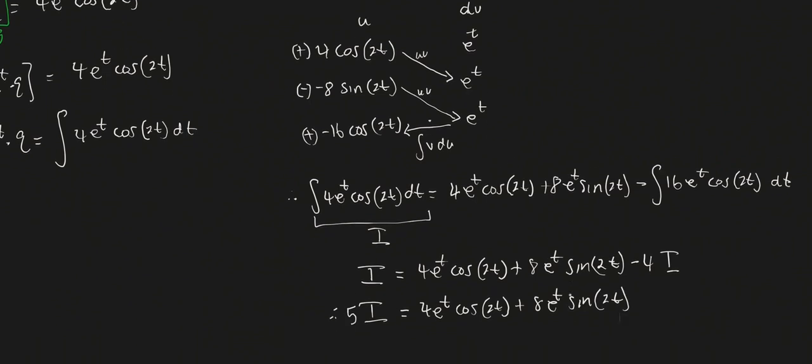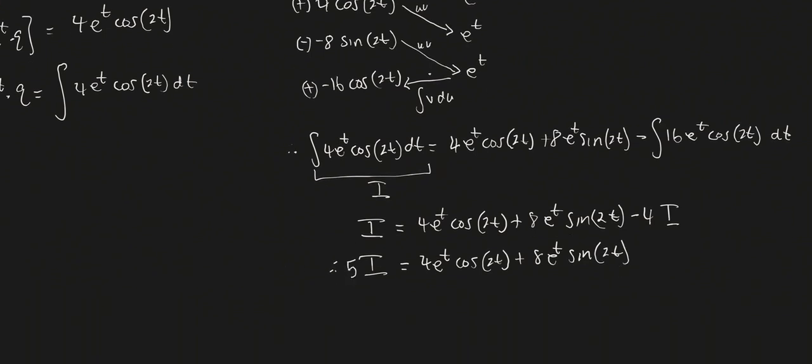And then technically, when you switch this back to an integral, I have to divide by 5. So then my original integral is going to be this divided by 5 plus c. It's plus some constant. So this will be 4/5 e to the t cosine of 2t plus 8/5 e to the t sine of 2t, and then I'll put my plus c.